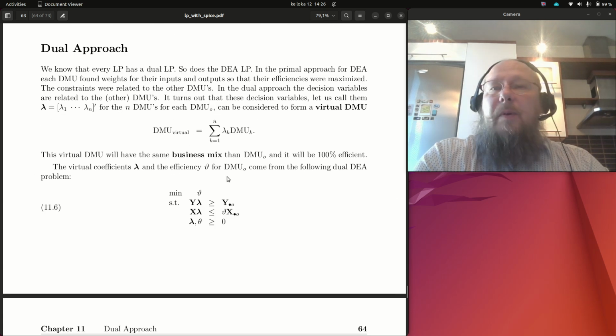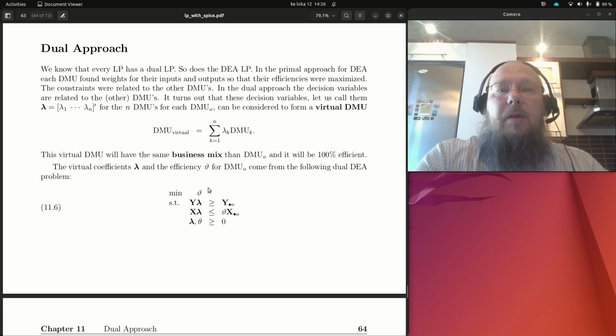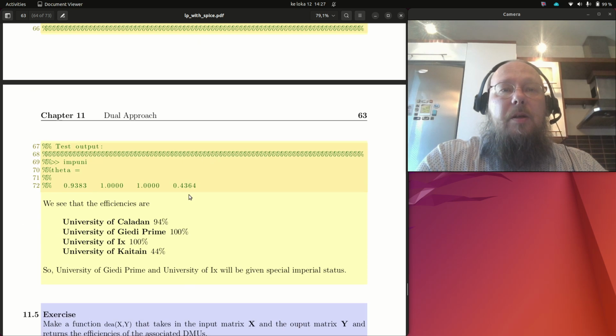But without further ado, I will just give you the dual formulation. So this is the dual data envelopment analysis LP formulation.